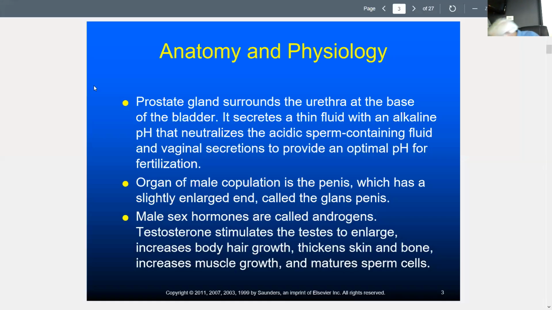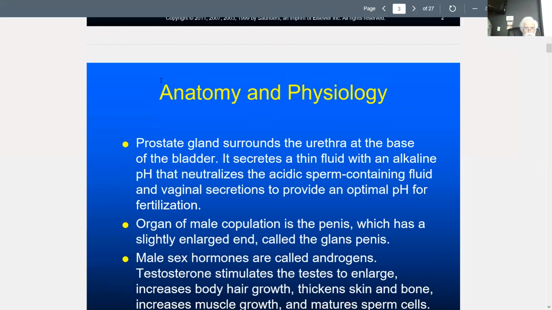Let's resume this. I thought I'd go ahead and do a much shorter PowerPoint on the male reproductive system so that we can do catheterization on Wednesday.